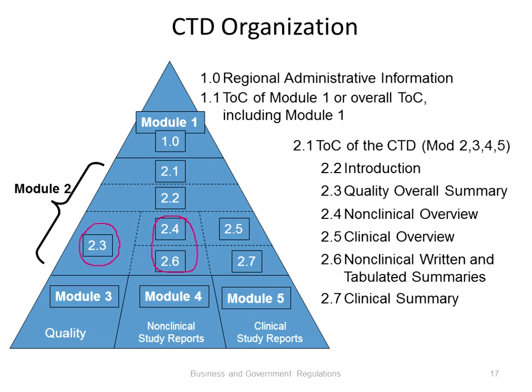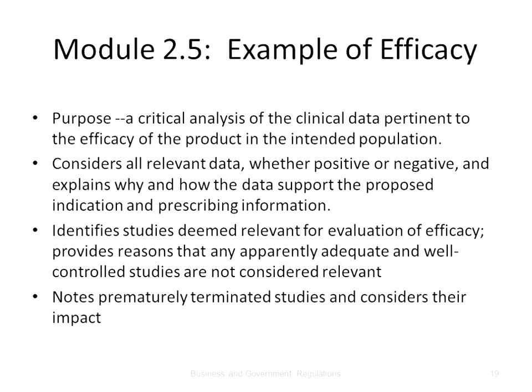These sections were specific to non-clinical, and 2.5, 2.7 are more specific to clinical studies, right? So here is an example of efficacy of the clinic. When you did clinical studies, you can talk about efficacy here. And again, it's an overall summary.